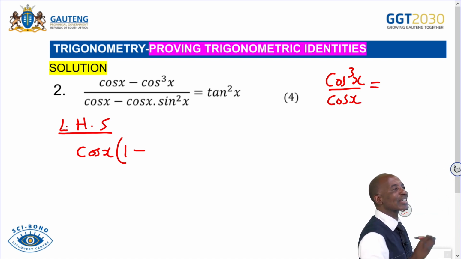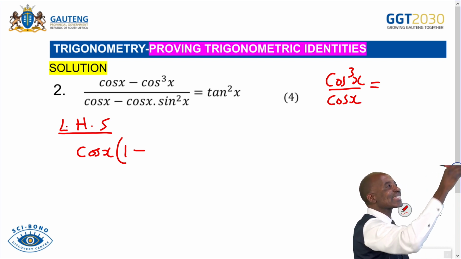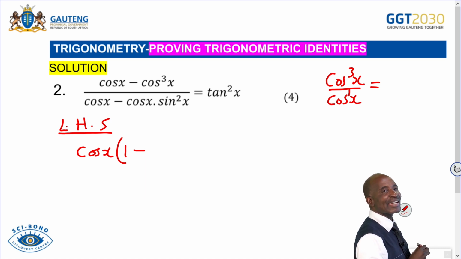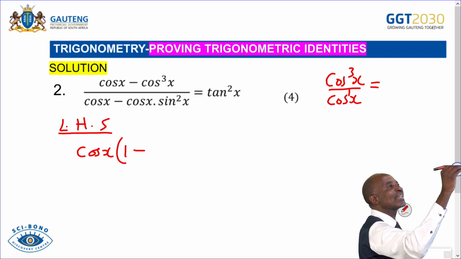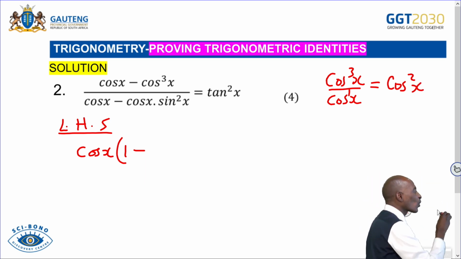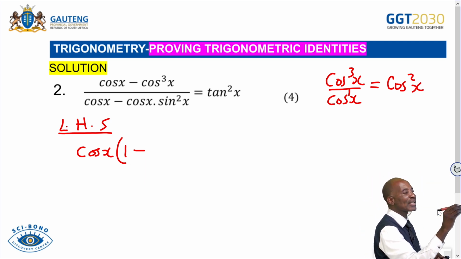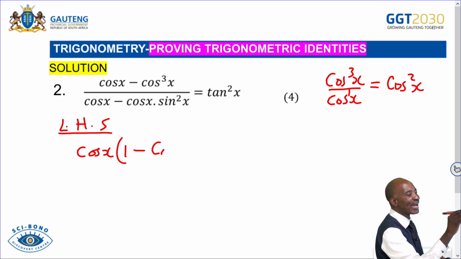I want to see what will remain in the bracket. The bases are the same, so I subtract the exponents. 3 minus 1 is a 2. So this goes to cos squared x because 1 cos has been factored out. So for the numerator, in the bracket, I have 1 minus cos squared x.